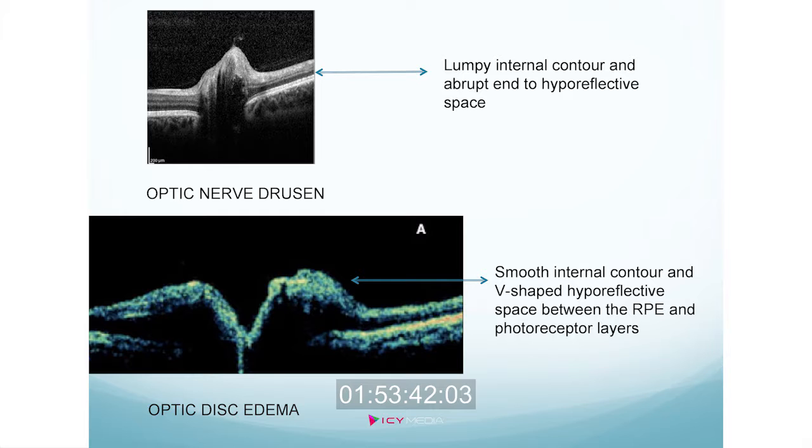The picture on the bottom shows the disc edema, where you can visualize that V pattern, which separates the tissue, meaning there's fluid in there, making it appear like a V shape. You can also see that the tissue is more smooth. You don't have that lumpy, irregular border on the inside, which correlates with the optic disc edema.